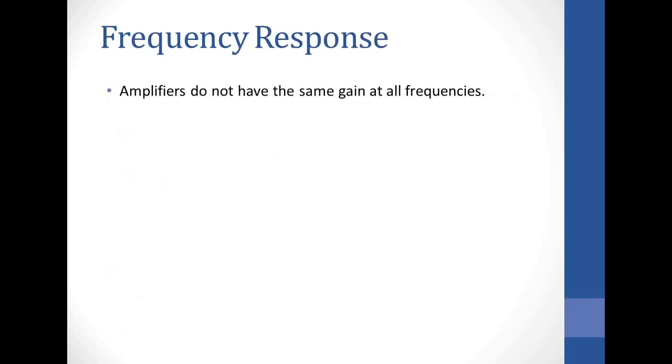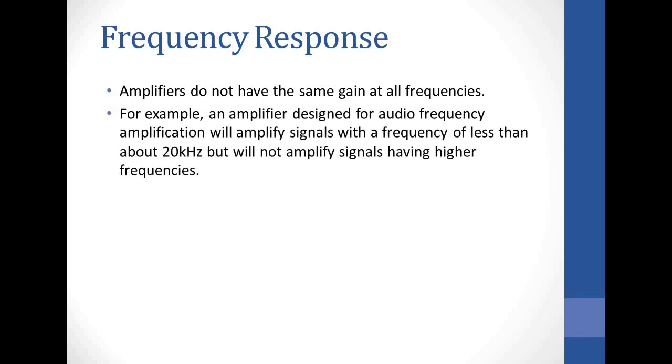A frequency response shows the characteristic of our amplifier for given frequencies. So amplifiers do not amplify all frequencies to the same extent. So that's why we need a frequency response curve in order for it to explain how amplification is carried out.